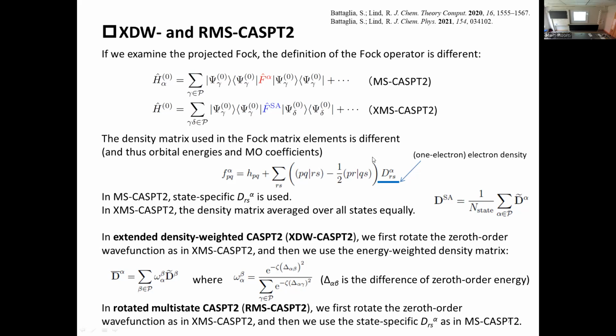The difference is how this Fock matrix element is constructed, and in particular, this one-electron density matrix is different. In the case of MS-CASPT2, the density matrix is completely state-specific, while in XMS-CASPT2, the density matrix is averaged over all states, like in CASSCF.